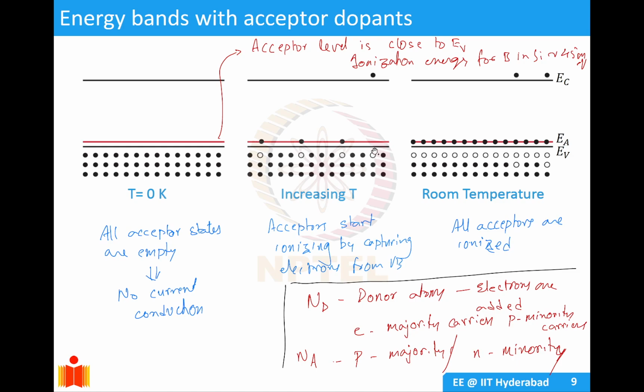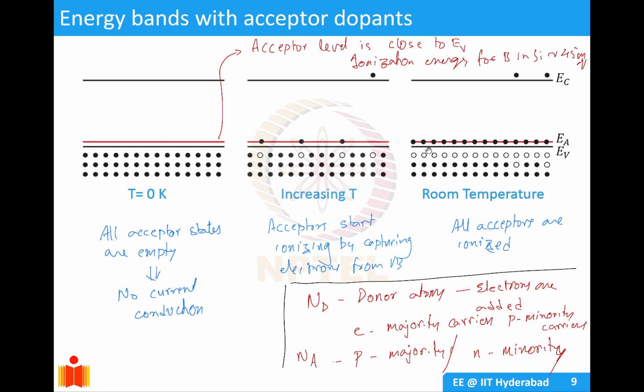Similarly, when you have acceptor dopants, it creates an acceptor energy level near the valence band, and at room temperature it requires very little energy for electrons to go from the valence band to this acceptor energy level.